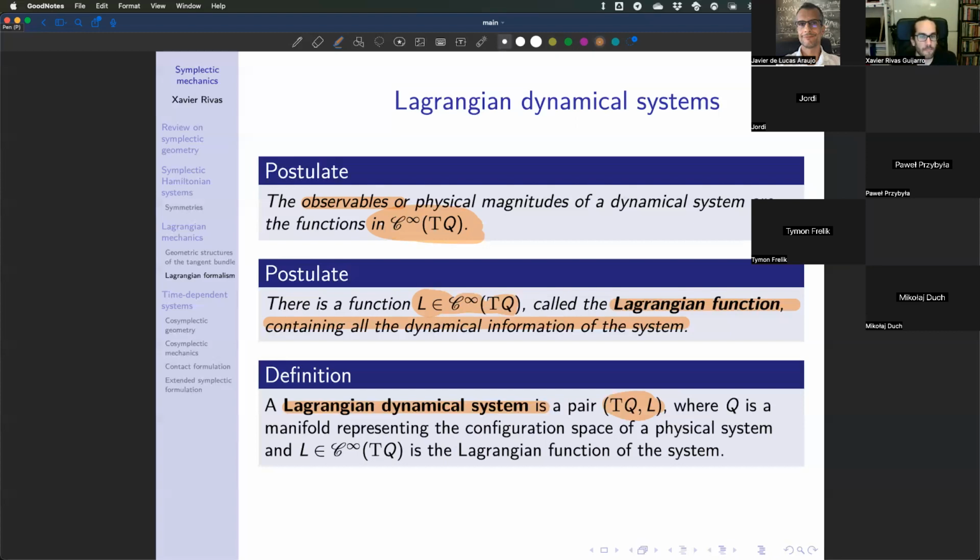It works pretty well. That's why students learn this at the very beginning of their studies in physics, because it's very useful. But these are postulates that do not need to hold. There are examples of systems where you cannot use these things.